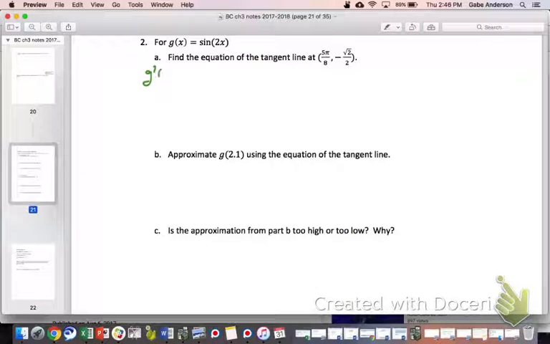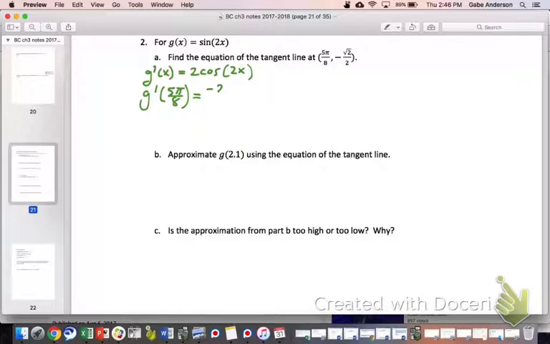Carolyn, did you get it was too low? Yeah. Okay. So g prime is 2 cosine of 2x. So g prime of 5 pi over 8 would be 2 cosine of 5 pi over 4, and cosine of 5 pi over 4 is negative 1 over root 2.